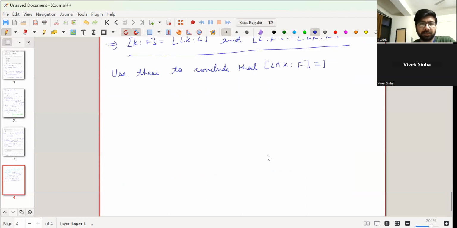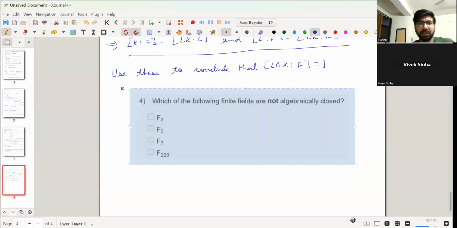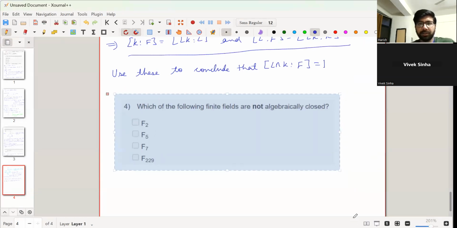Okay, so we will move to the next question. It says, which of the finite fields are not algebraically closed?